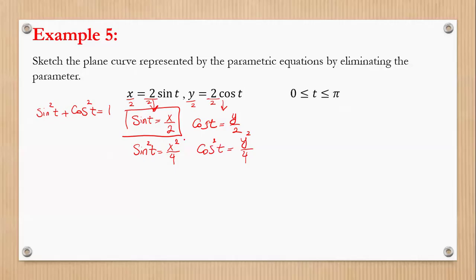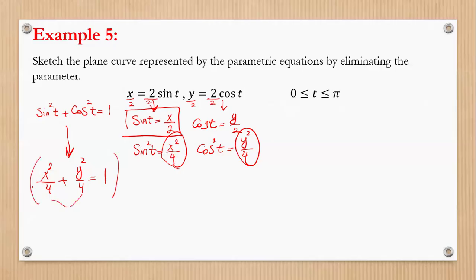Now I'm going to replace these two for sine squared and cosine squared in this equation. So x squared over 4 plus y squared over 4 must be equal to 1. Since these two denominators are exactly the same, I can multiply the whole equation by 4 to get rid of all the denominators.